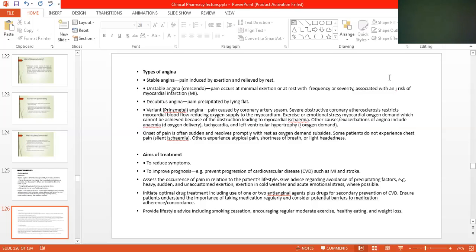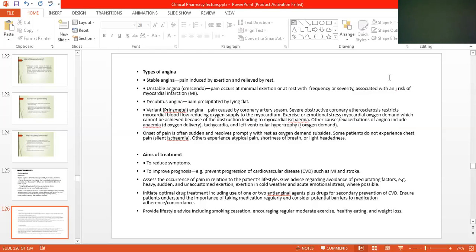Variant angina, we also call it Prinzmetal angina: pain caused by coronary artery spasm, severe obstruction, coronary atherosclerosis, restriction of myocardial blood flow, reducing oxygen supply to the myocardium, the muscles of the heart. Exercise or emotional stress increases myocardial oxygen demand, which cannot be met because of the obstruction, leading to myocardial ischemia.